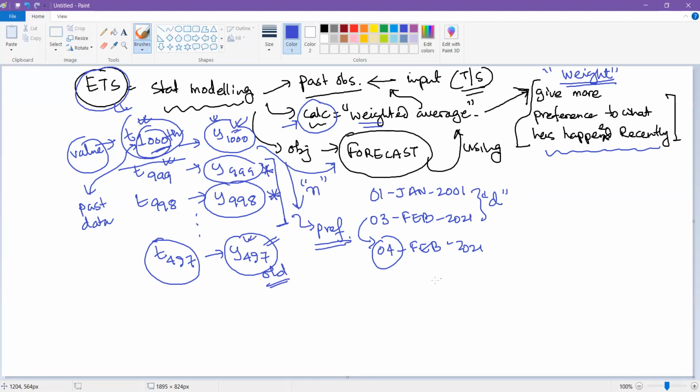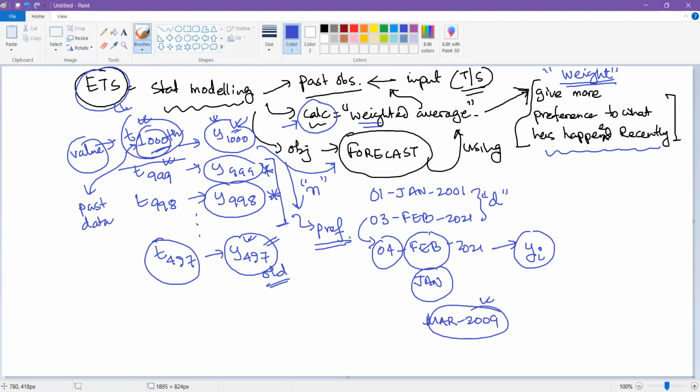So while calculating the y value for 4th of February 2021, more preference will be given to data values pertaining to February 2021 or January 2021, as opposed to, let's say, March 2009. How do these weights come into the picture? This is what we are going to find out.